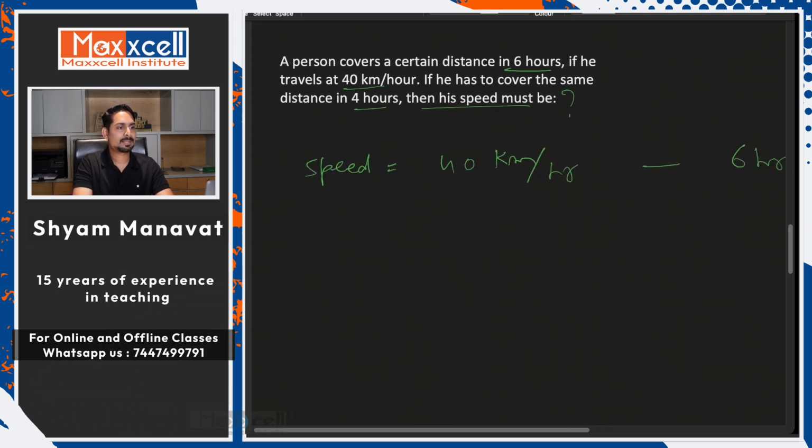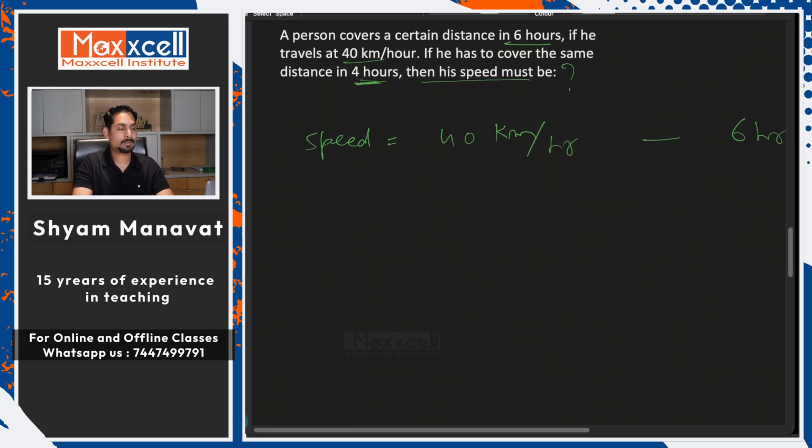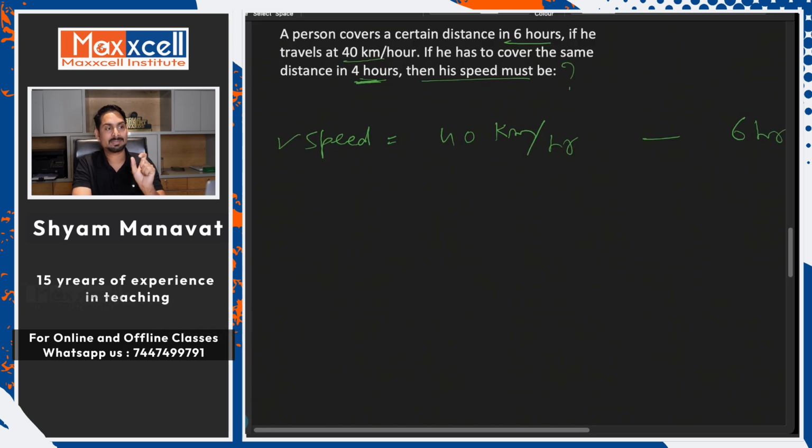We need to find the speed when he has to cover the same distance in 4 hours. So by using this, we can find the distance, because we have to use the same distance for the second condition.